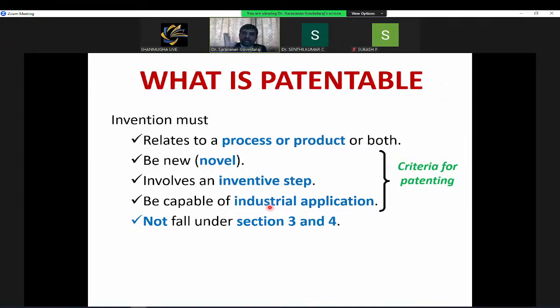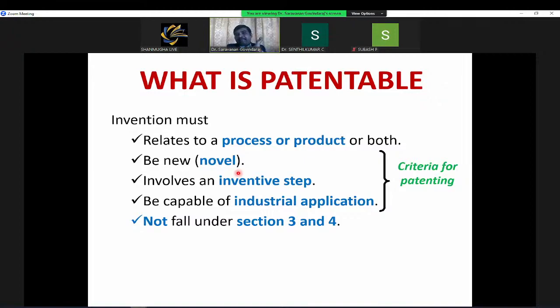So your invention should be novel, there should be some inventive step, and there should be some industrial application. And one more thing: it should not fall under sections 3 and 4 of the Patent Act 1970. What are sections 3 and 4, sir? The non-patentable inventions. We are going to discuss sections 3 and 4 elaborately. It should not come under these sections, but it should be novel, with some inventive step and some industrial application.